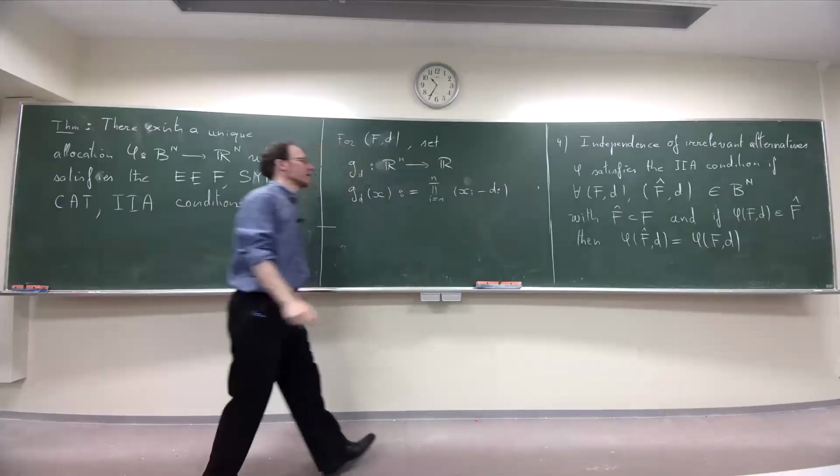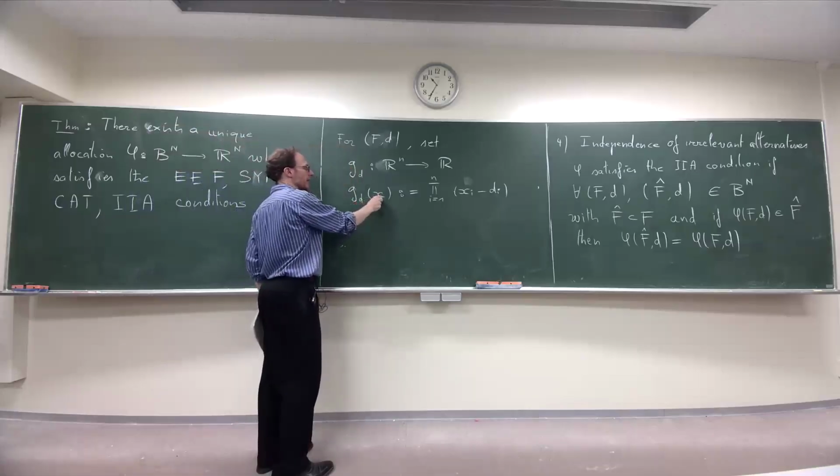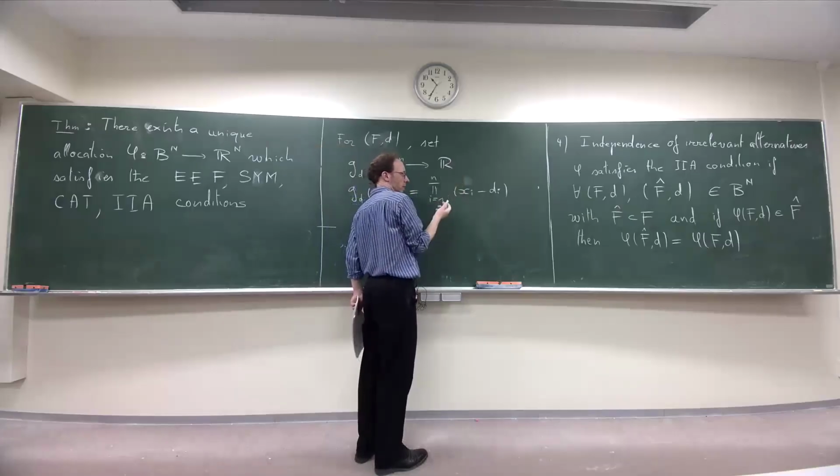So you take this difference. So remember, d is in Rn, x is in Rn. So you have n components.